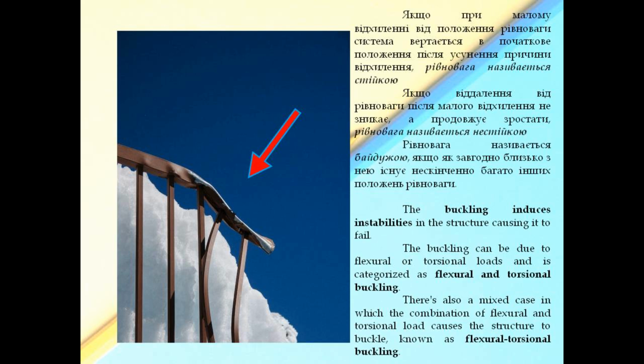The buckling can be due to flexural or torsional loads and is categorized as flexural and torsional buckling. There is also a mixed case in which the combination of flexural and torsional load causes the structure to buckle, known as flexural torsional buckling.